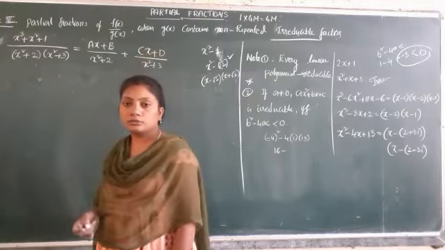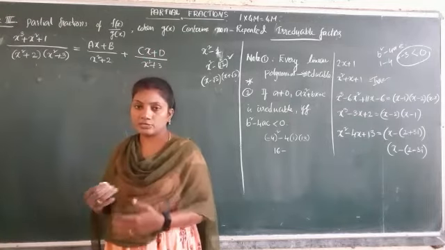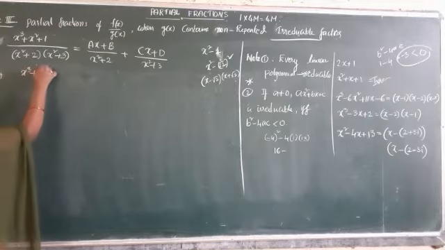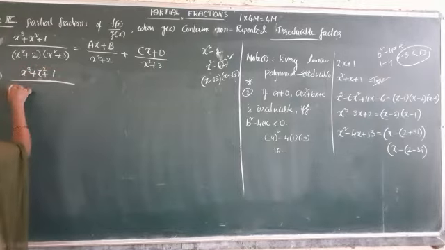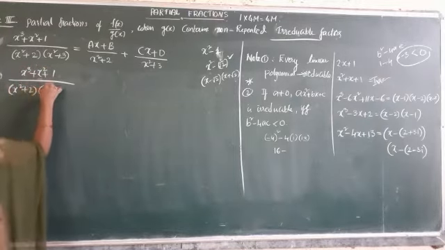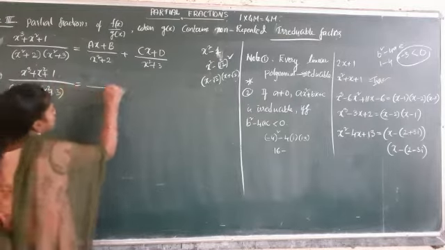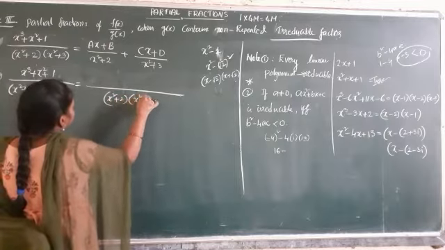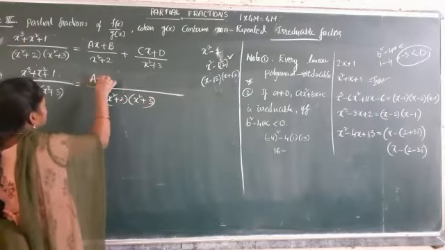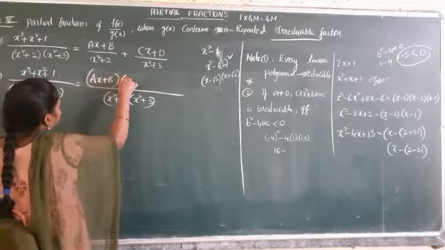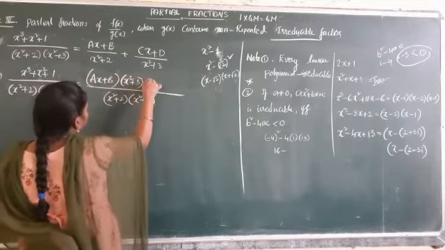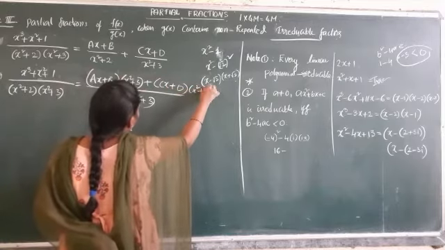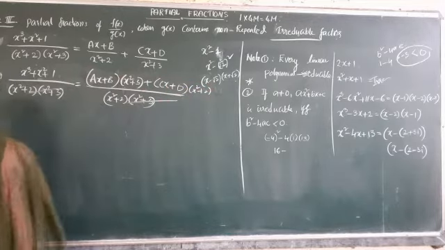Again we will do as in the previous questions. x cube plus x square plus 1 by x square plus 2 into x square plus 3. LCM x square plus 2 into x square plus 3. ax plus b into x square plus 3 plus cx plus d into x square plus 2. Denominator parts get cancelled.